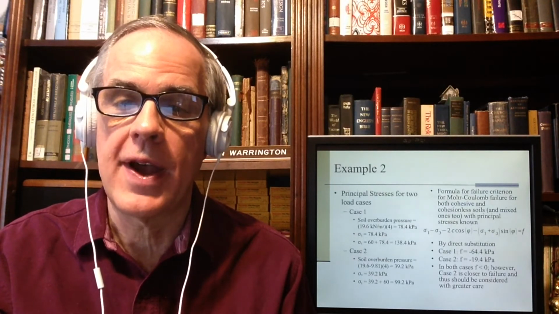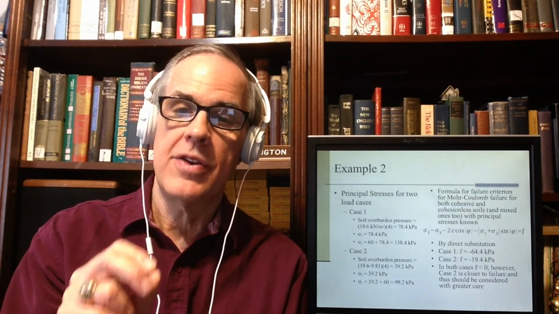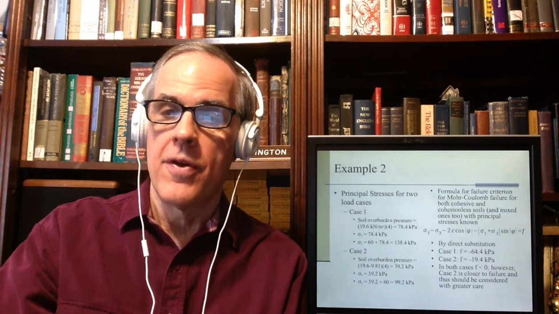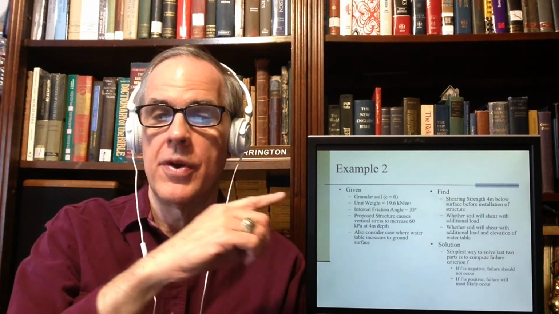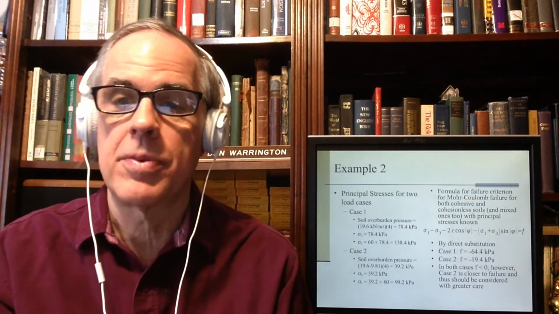And so therefore, I have a situation where I've got 2 sets of principal stresses. And all I need to do, since I know from the previous that C is equal to 0 and the internal friction angle is 35 degrees, is take the failure function and simply apply it to both.